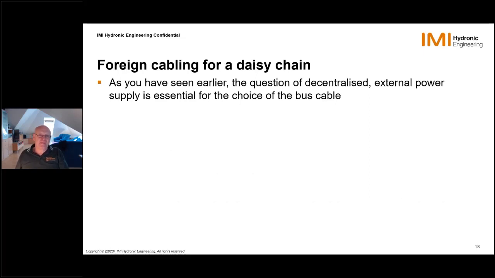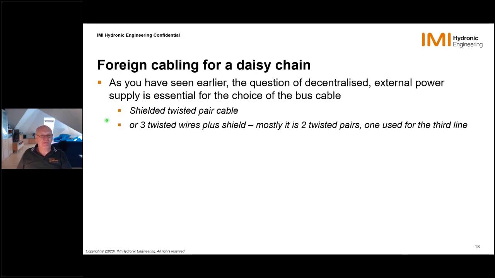Okay, the choice of the bus cable depends on the questions we have raised before, and therefore, of course, you can use either a shielded cable with a twisted pair for the A and B communication, or you use three twisted wires plus shield. Mostly it's two twisted pairs, that's easier, and one is used for the third line.